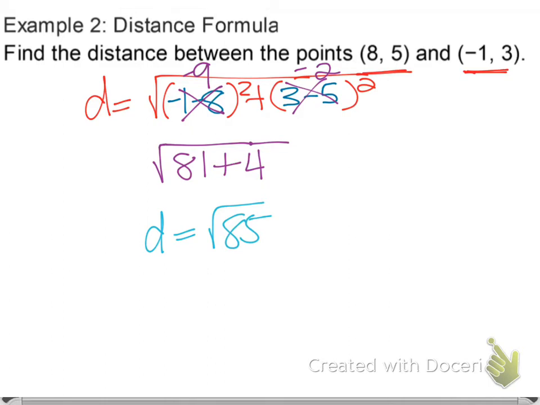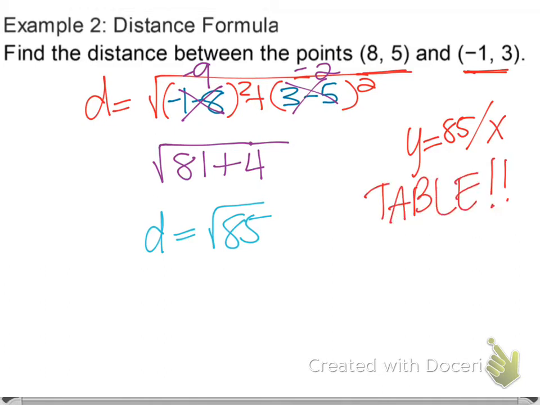I might have to look in my calculator and see if there are any perfect squares that go into 85. I taught y'all a trick to do that. You should have learned it in Algebra 1, but not all teachers teach it. If you go to your y equals and type in whatever you're trying to get, in this case 85, divided by x, then you pull up your table, and you can look across and see if there are any perfect squares.